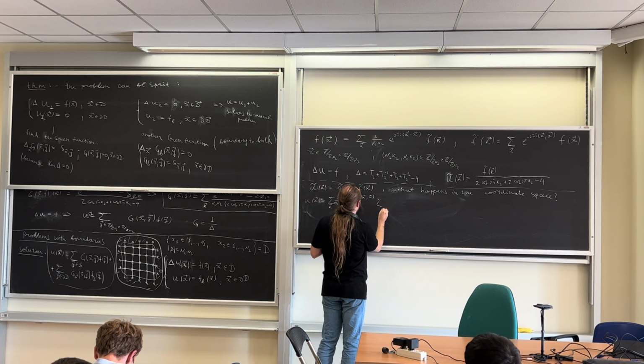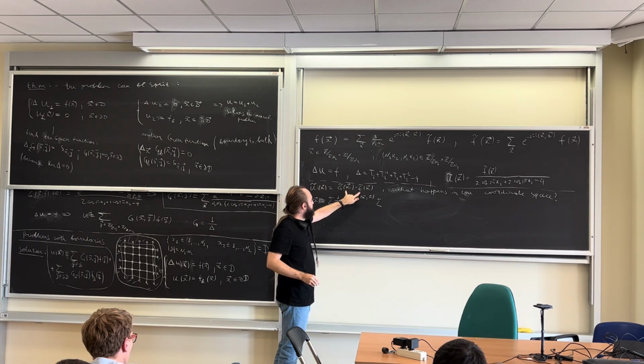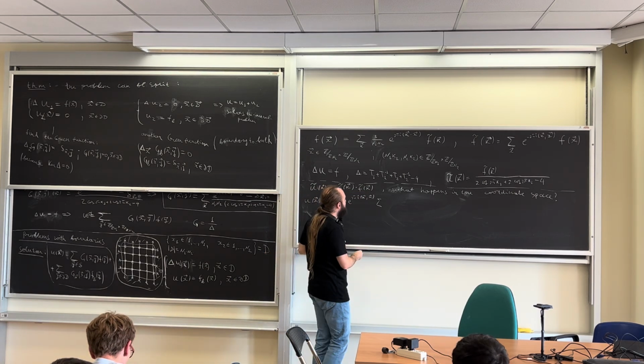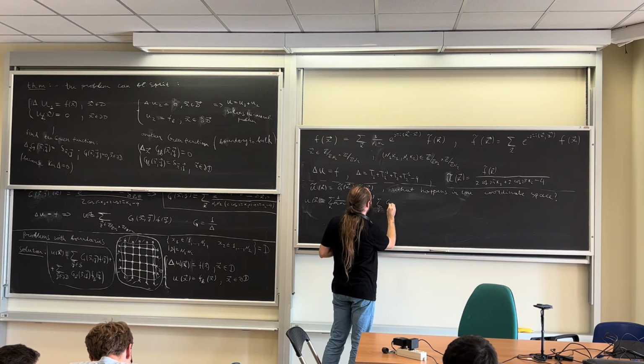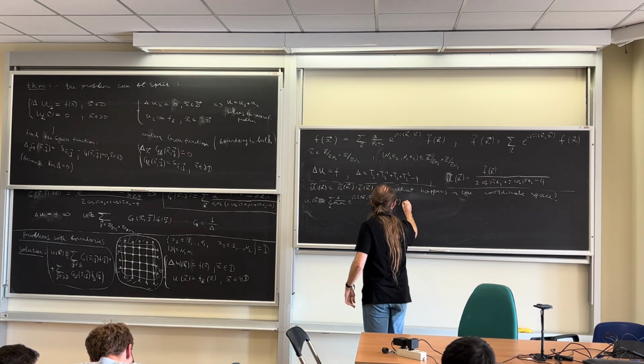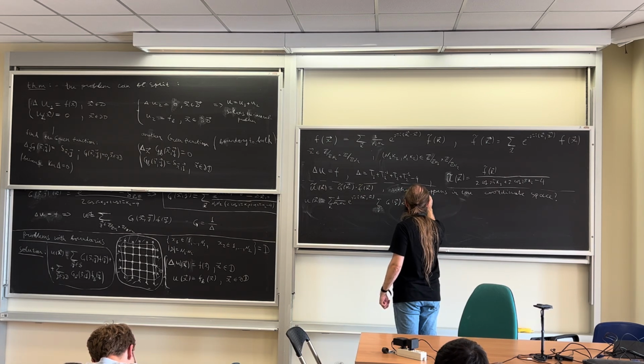Now substitute each of these Fourier transforms as a Fourier transform. So this is a sum over y of g of y times e to the minus 2 pi I y k.